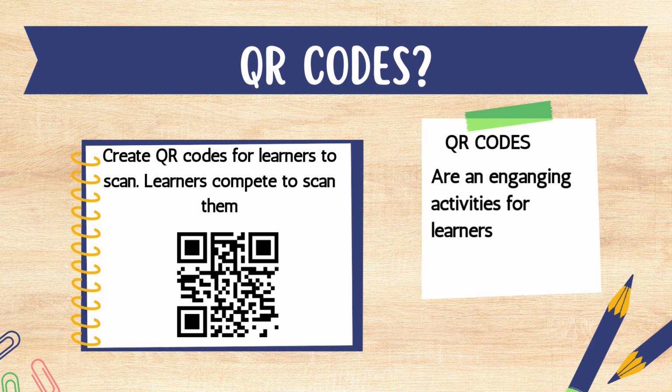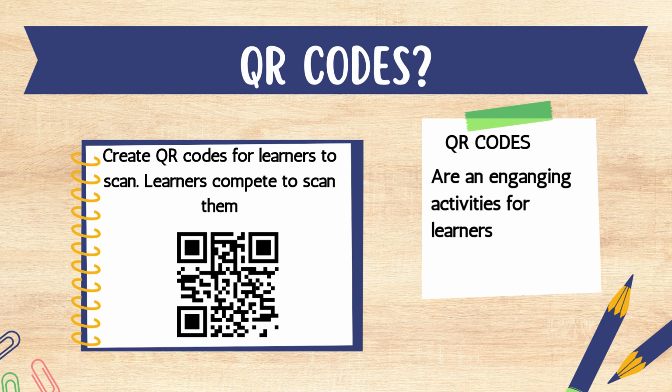A more interesting activity are the QR codes. So I generate QR codes. I could have images, generate QR codes, and learners have to go around trying to identify the images. It could be sentences, and learners have to complete the sentences using vocabulary. It could be anything. For example, we are learning about different, maybe French speaking countries.